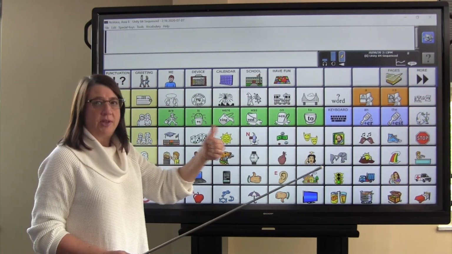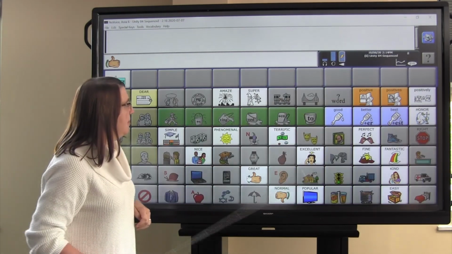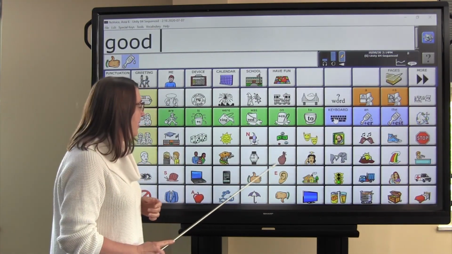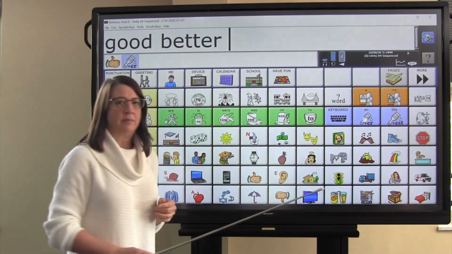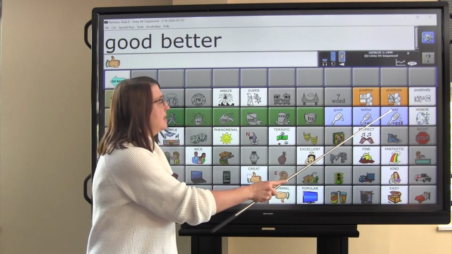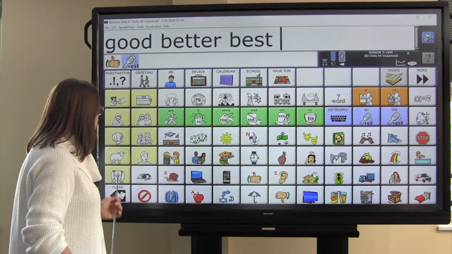Let's explore some other adjectives and see how we would say them. You may remember that the thumbs up key represents everything good, right? And so thumbs up plus adjective is good. We can say better with thumbs up, ER, and best with thumbs up, EST. Good, better, best.